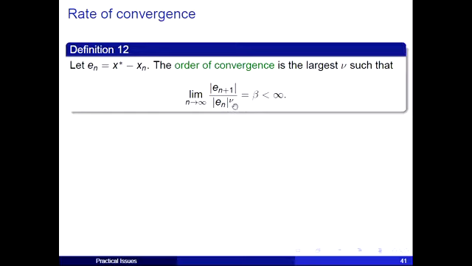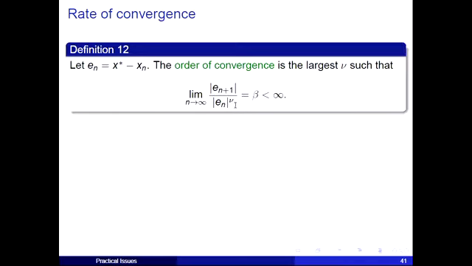So for Newton's method, what is nu? We just proved it before for the secant method. What is the order of convergence for Newton's method? 2, yeah, because e_{n+1} over e_n squared equals a constant. So for Newton's method, the order of convergence is 2.